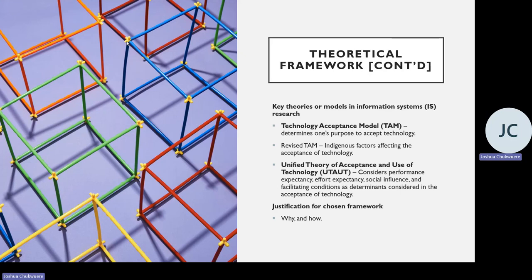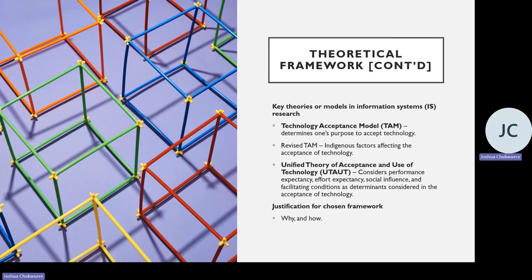So TAM is one of the leading theoretical frameworks in computing in general. You have your revised TAM, which talks about the exogenous factors that affect technology acceptance. As well, you have the Unified Theory of Acceptance and Use of Technology, which considers different components like performance expectancy, effort expectancy, and so many others.